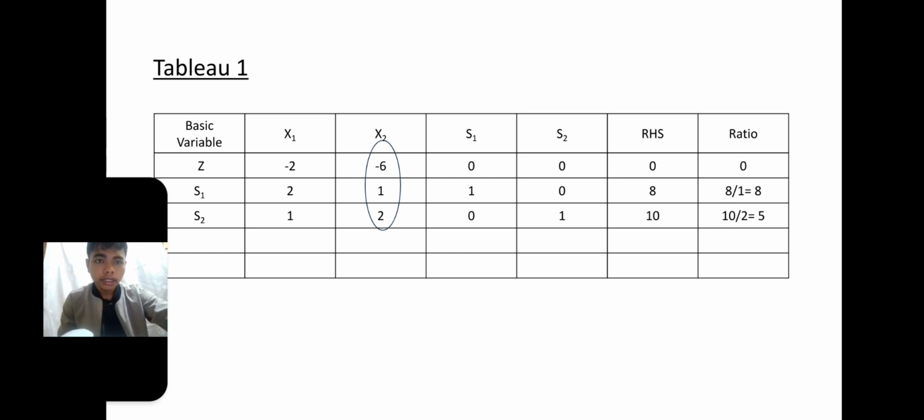Then we should divide our key column to the RHS, so we can proceed to locating the key row. 0 divided by negative 6 is equal to 0, and 8 divided by 1 is equal to 8, and 10 divided by 2 is equal to 5.